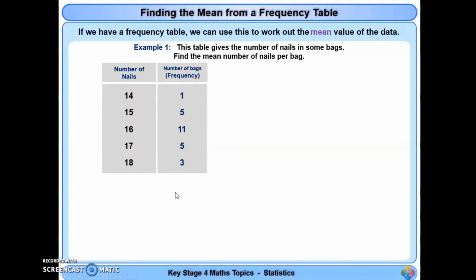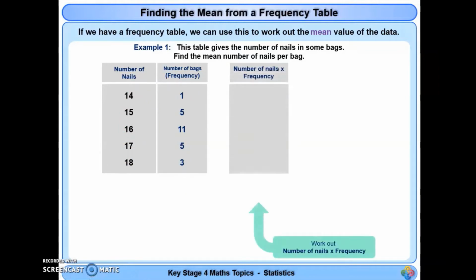So in order to do that, and how you approach every question like this, is we go ahead and add a third column. Number of nails multiplied by frequency, so the total of our third column is number of nails times frequency. You might see this column called X times F, and that's just because you may have labeled the variable X and frequency F, so it means the exact same.